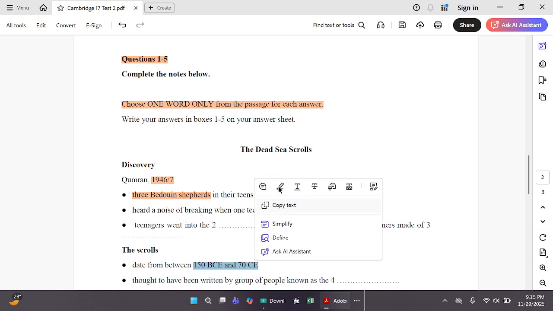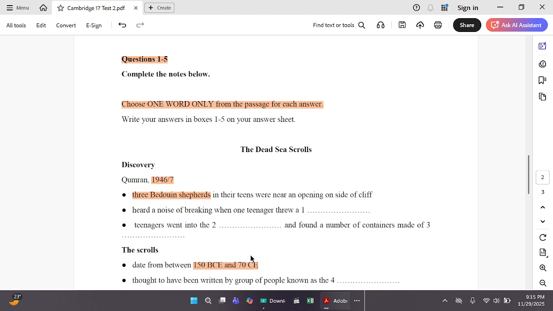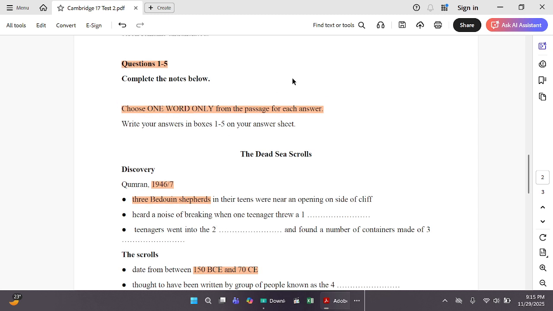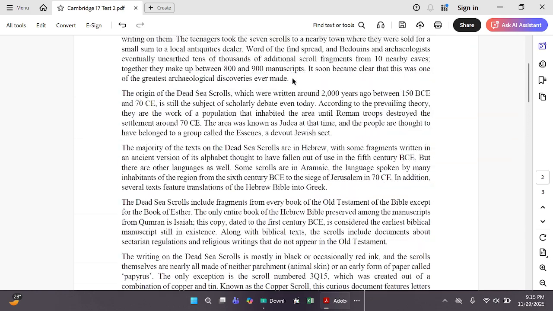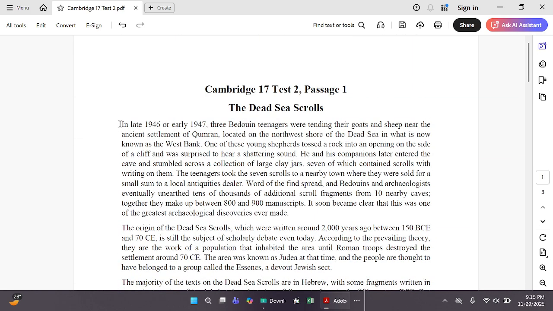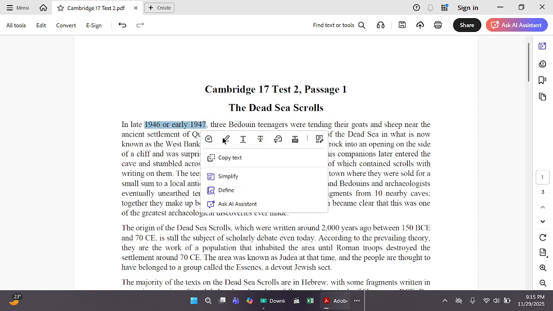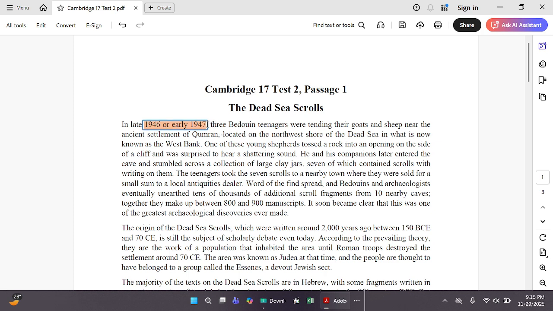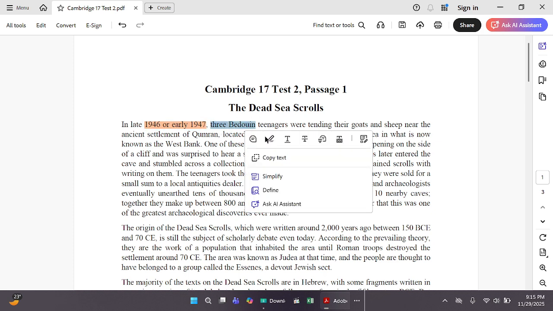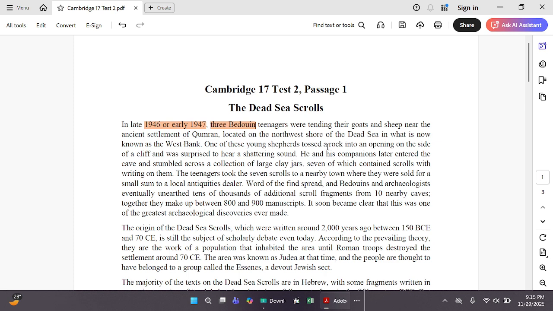I think we are done here because we already have the numbers 1946, three Bedouin, and 150. Once we identify our location, we will get to here, and we have to do it very carefully. We have already got our location, and we identify three Bedouin.